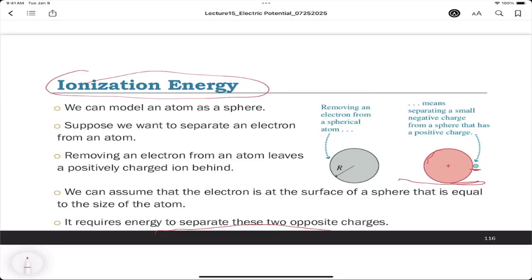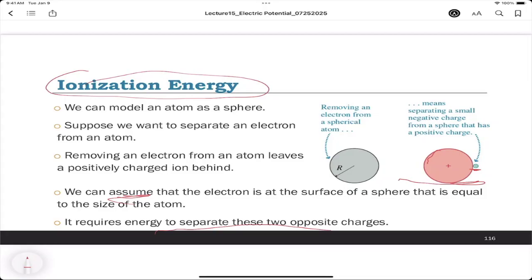We can assume that the electron is at the surface of a sphere that is equal to the size of the atom. Maybe the real situation is different, but we just assume that. It requires energy to separate these two opposite charges.